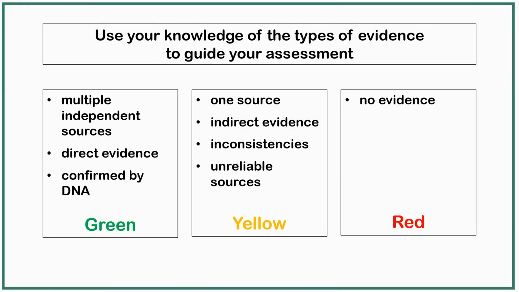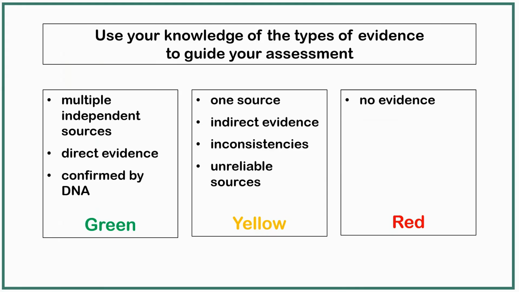When you evaluate evidence using a tree health assessment tool, the type of evidence affects the result. Direct evidence is more likely to result in a green assessment if it comes from multiple independent sources. If you only have indirect or negative evidence, that result would be either a yellow or red assessment.